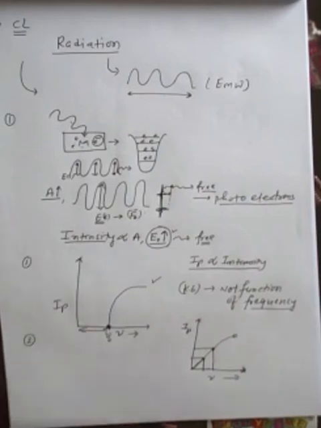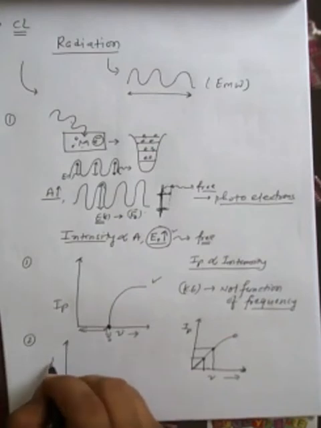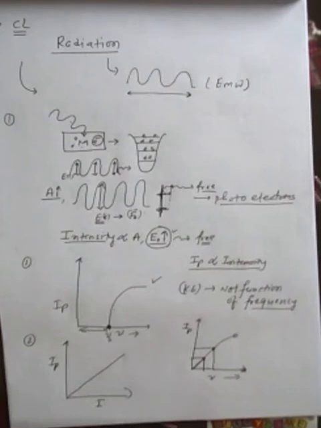Now, if I move to the result, that was the current versus intensity linear variation. It's okay, fine, because the classical physics says that the intensity means the amplitude of the electromagnetic wave or strength of the electric field.